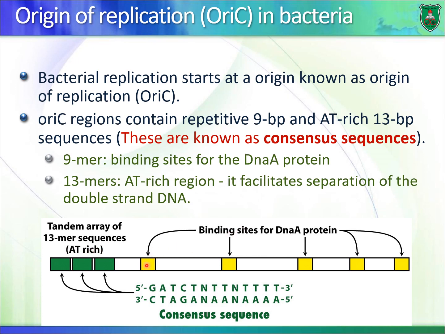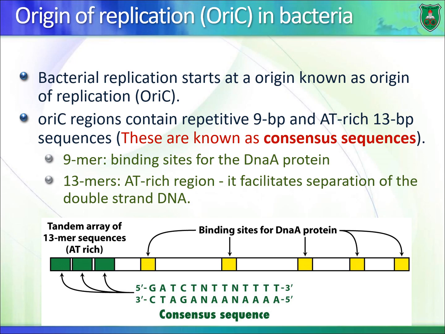The other sequence is right here in blue. They are scattered within the same region, but not one after the other, so they are not tandemly organized. Now, the 9-mer is actually the binding site of a protein known as DnaA.